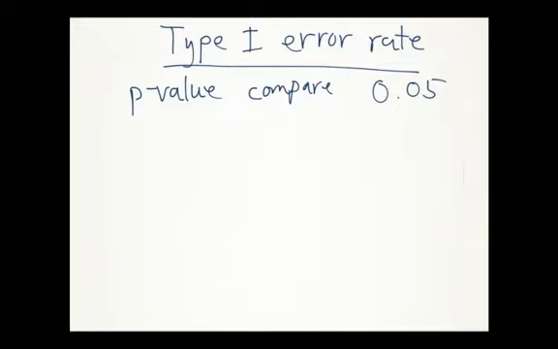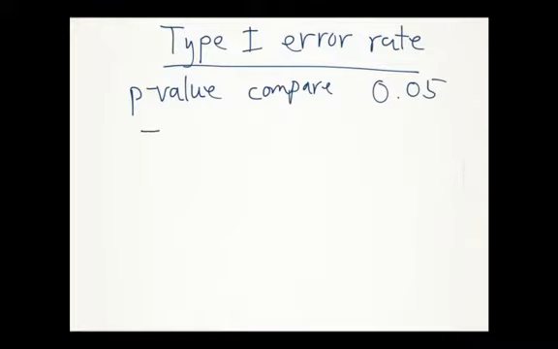Remember, a p-value is a probability, and probabilities are continuous. Anytime you have a continuous measure and you choose a cutoff, the cutoff will be arbitrary. If something comes out to be 0.51, it is not that different from something that's 0.49. So just keep that in mind. But just for the sake of having a standard, people have chosen this 0.05.